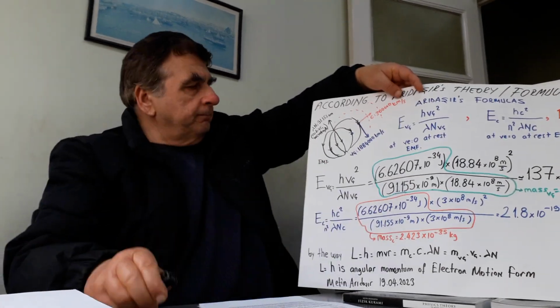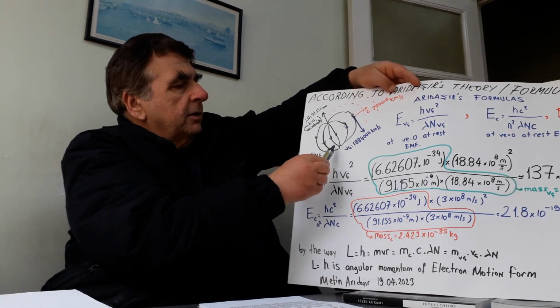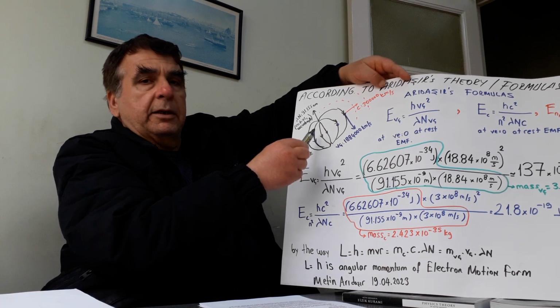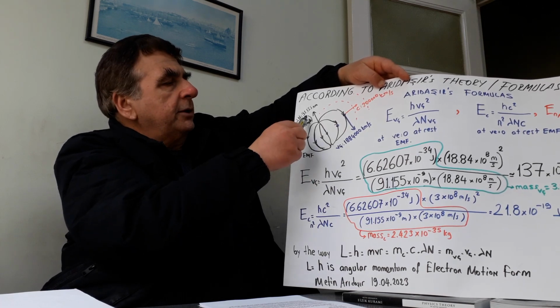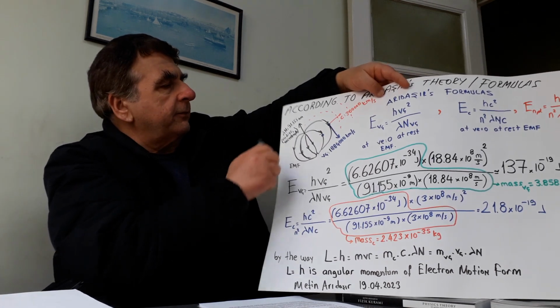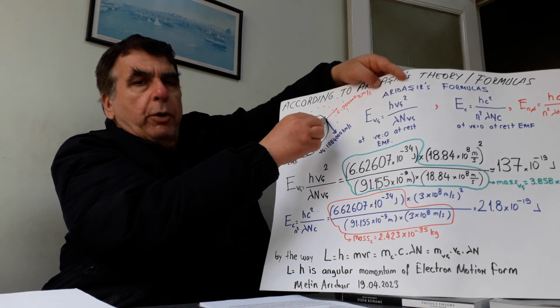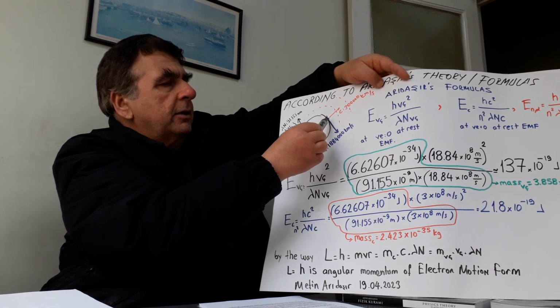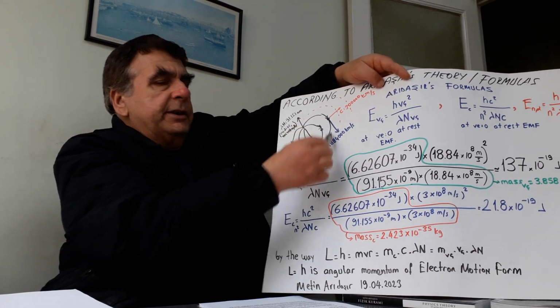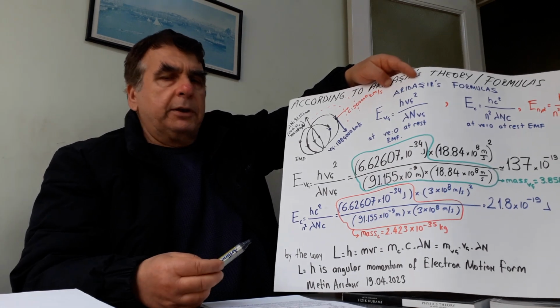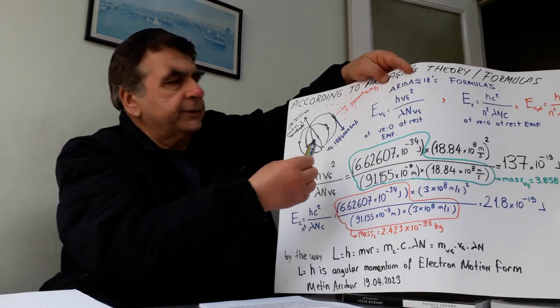Here it is an electron motion form that has 91.155 nanometer wavelength size. This is a point on its spherical ring-shaped surface.